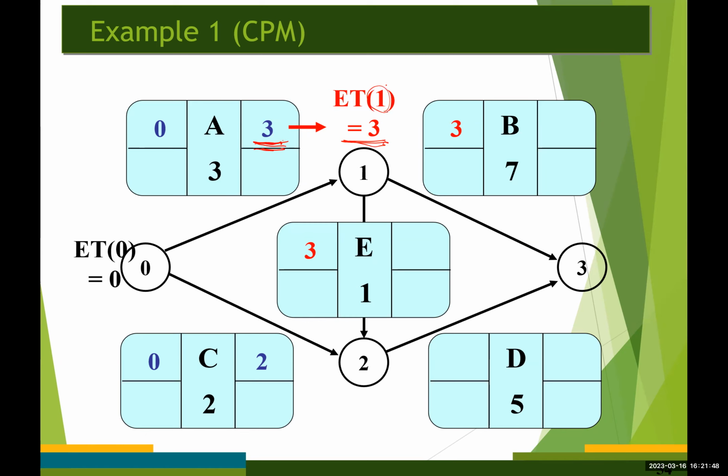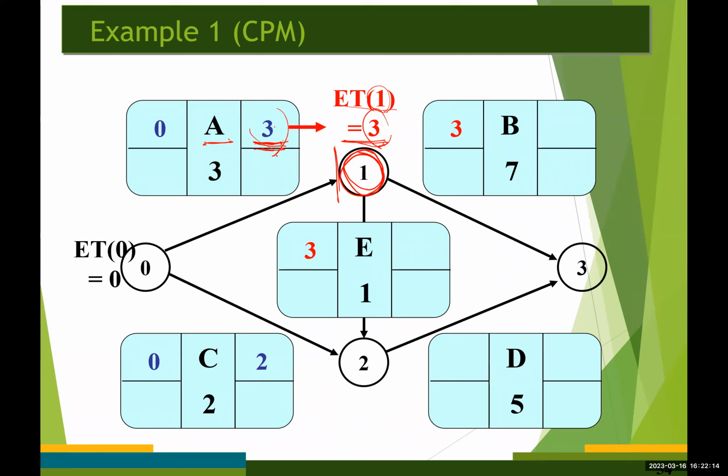Okay, because in this case, event number 1 represents the completion of activity A. So that's why the earliest time for event number 1 is going to be 3, which is from here.